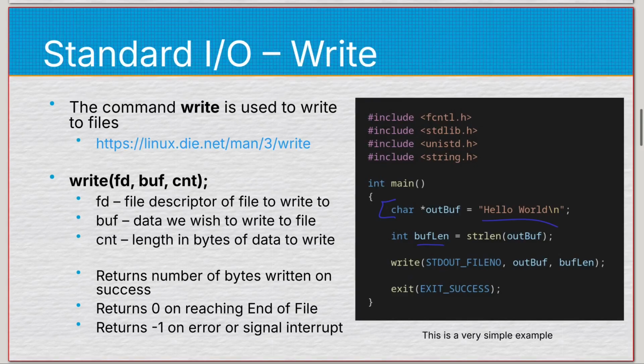And then I do write using the standard out file number, which is going to be a nice English written way of just the character 1, because this is a file descriptor entry for the standard output, because it's always there for the first 3 actual entries, the actual buffer I wish to write to this file, and the number of bytes of this buffer that I want to write to the file. So I use string length of the entire buffer to give me the number of bytes in said buffer. So I'm going to write the entire thing, and this is literally just the equivalent of doing hello world at systems level C.